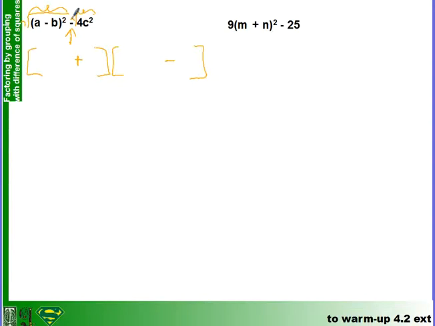What is the square root of the binomial a minus b squared? A minus b. And so that's going to go in both of these, right? What is the square root of 4c squared? 2c.